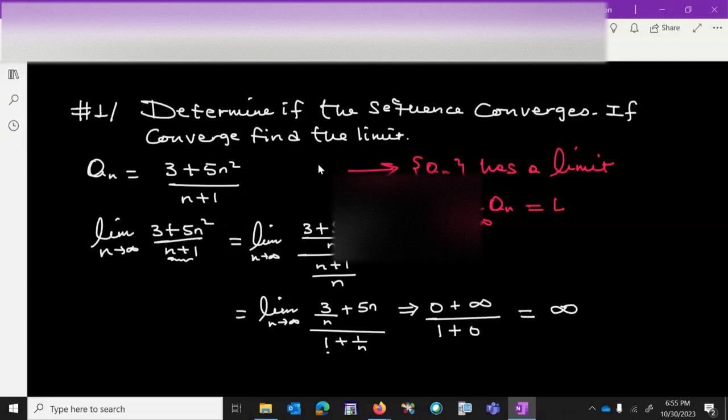So look, compare now with the first definition here, with the first background knowledge. It's not a real number or a specific number. This is infinity.